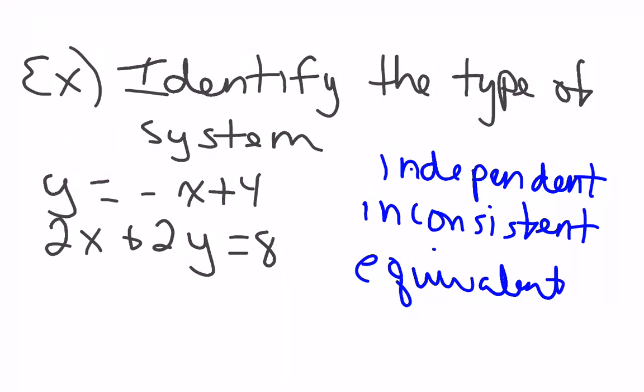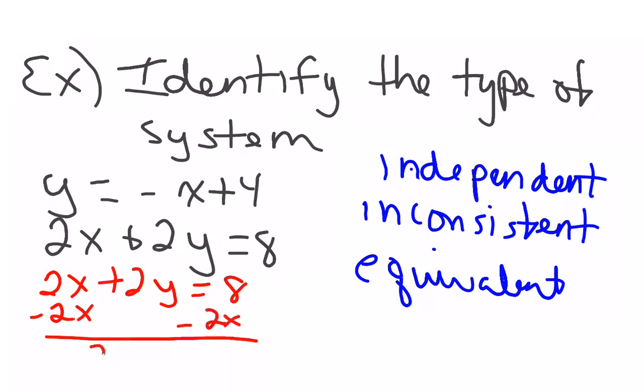The first one is in that format already, so we don't need to do anything with that one. But the second one we do. So we need to take the 2x plus 2y equals 8 and get it to solve for y. So we're going to subtract 2x from both sides. We get 2y equals negative 2x plus 8.